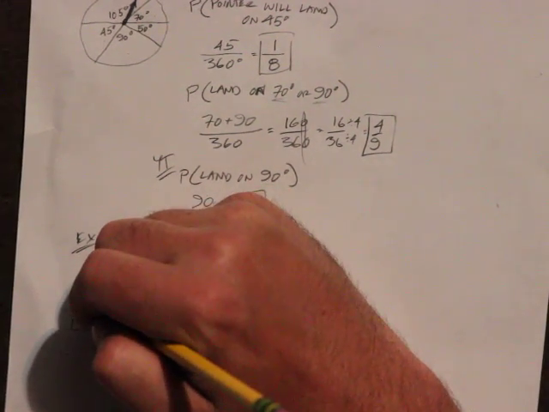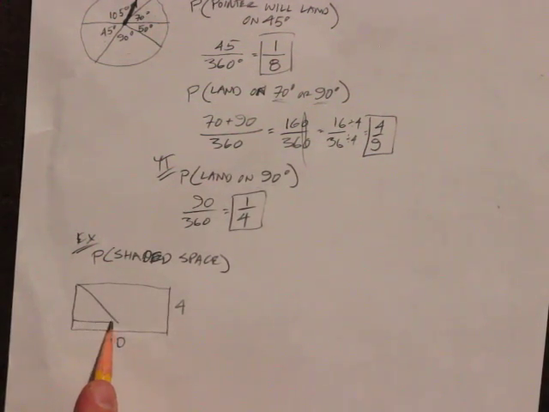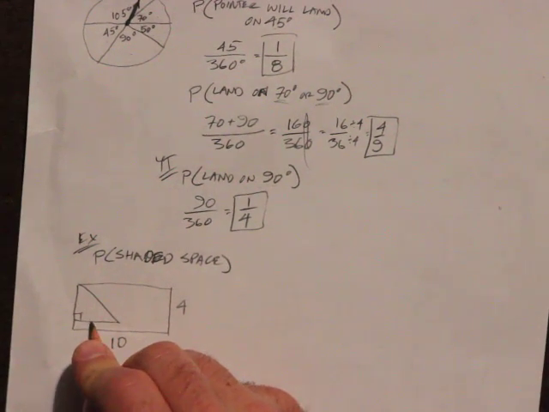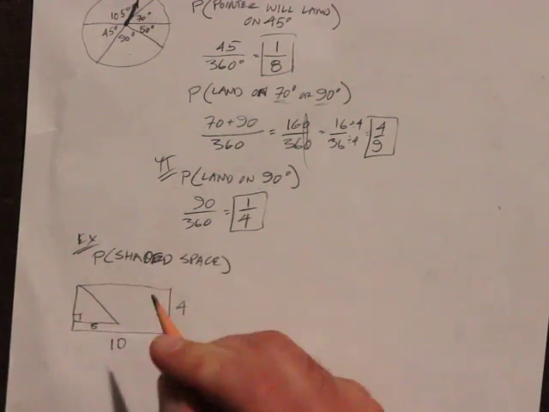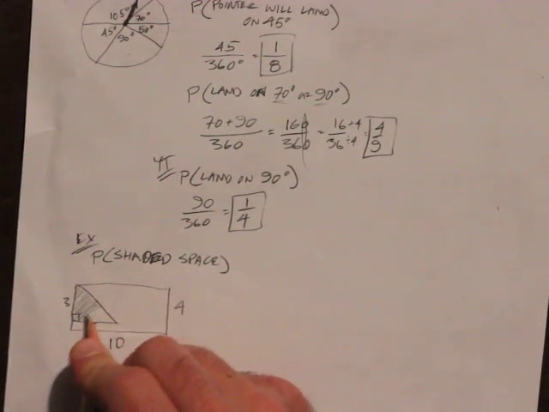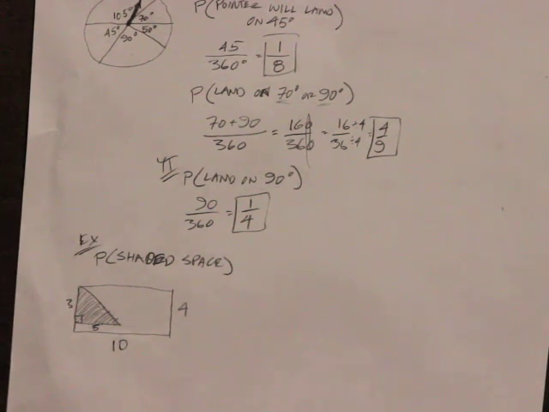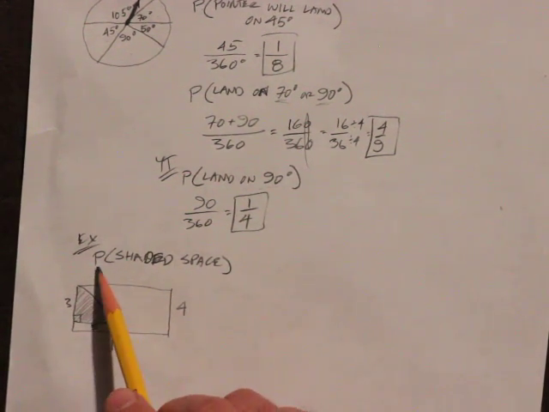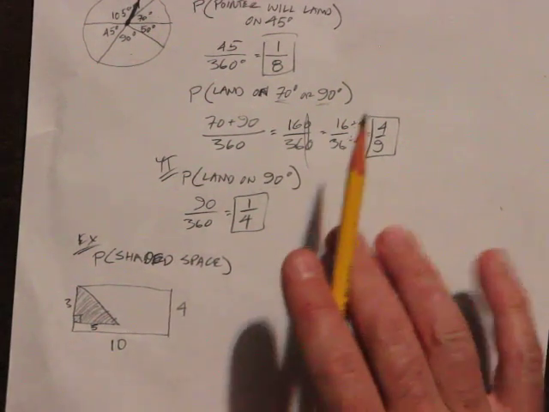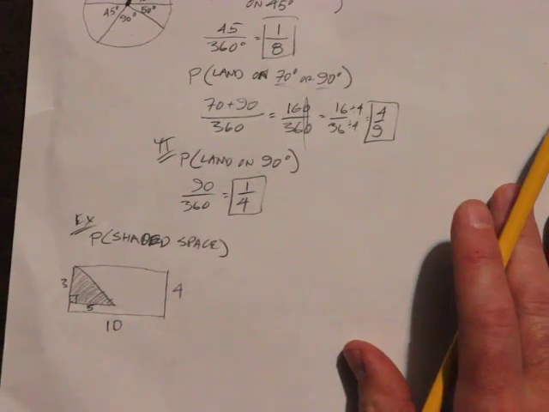Inside this rectangle, I have a triangle. This is a right triangle, and it is 5 units by 3 units, and this is the shaded region. So I'm going to find the probability that I land in this shaded spot.